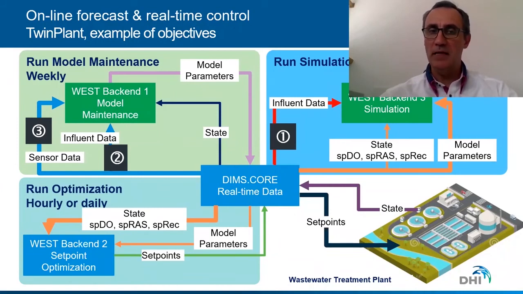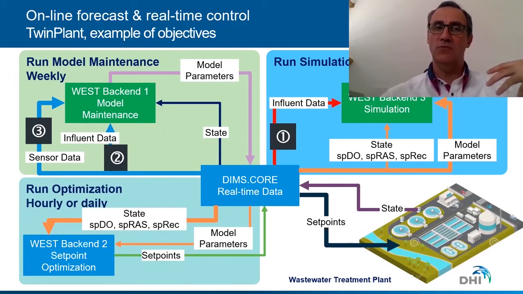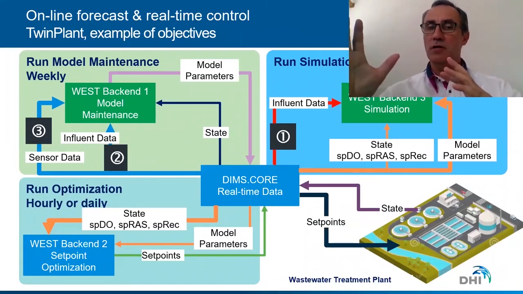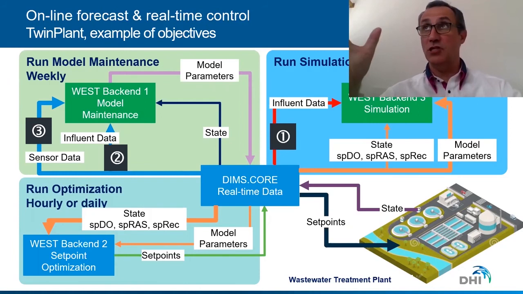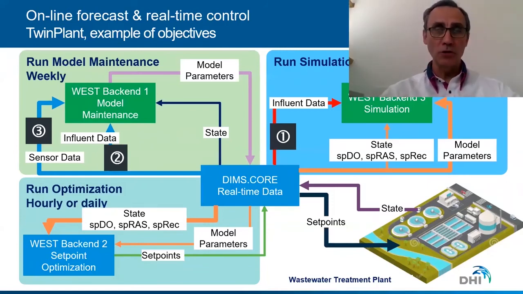Once again, there is a treatment plant, it provides the state to the data manager store, and then there is a run of the model, for instance, weekly, that provides the model parameters, so it actually calibrates the model according to functions, and then there is an optimization run, for instance, hourly or daily, that provides the set points back to the treatment plants. Here, we do have options. The model parameters and set points are just displayed, and there is a human being making decisions. We adopt the strategy or not, or we can move to the next stage to make automation of that kind of the state.